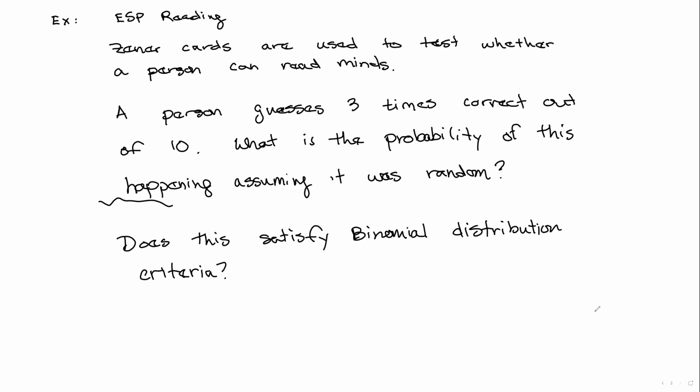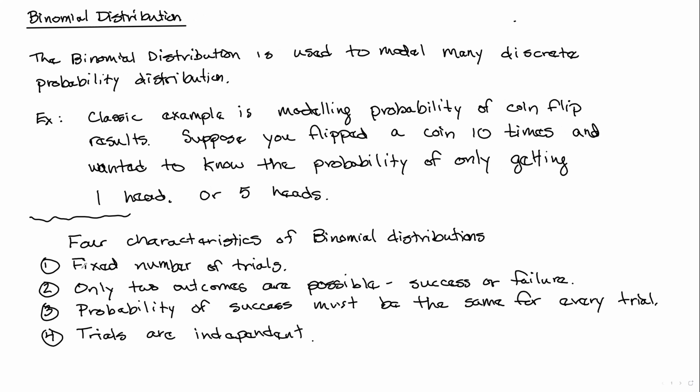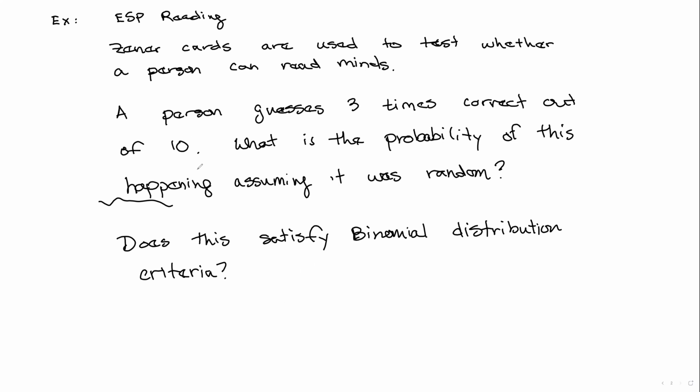All right, so what are those again? Let's take a look. The first one, fixed number of trials. Do we have a fixed number of trials? Yes, 10 trials. So they guessed 3 times correct out of 10. So 10 trials were done.